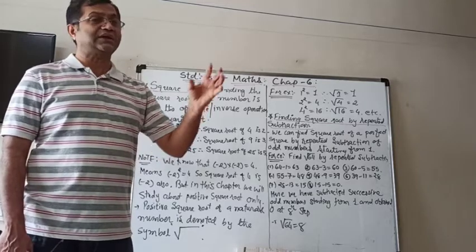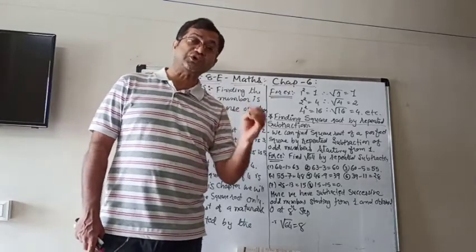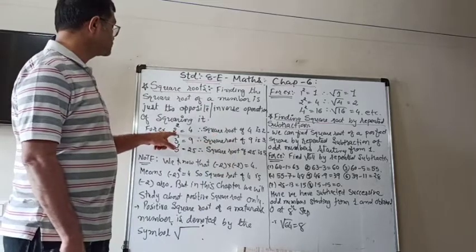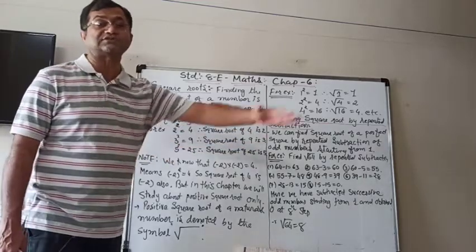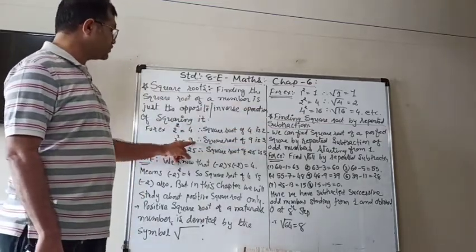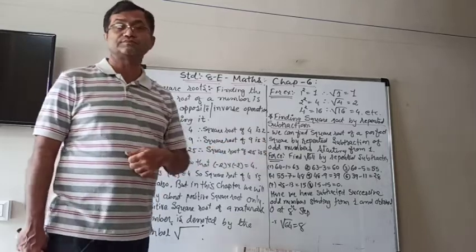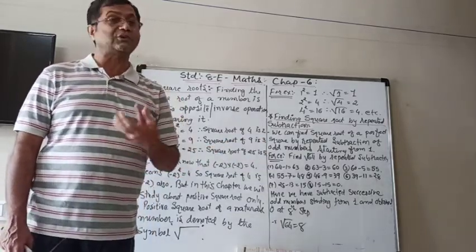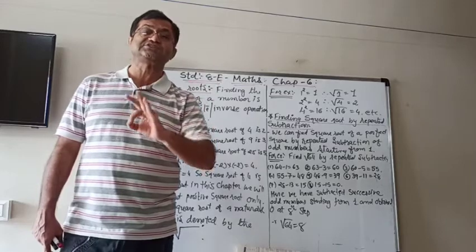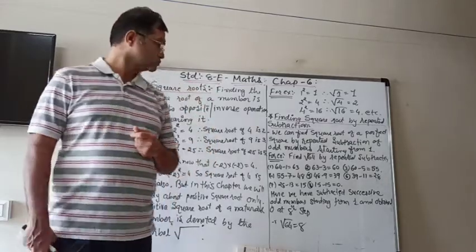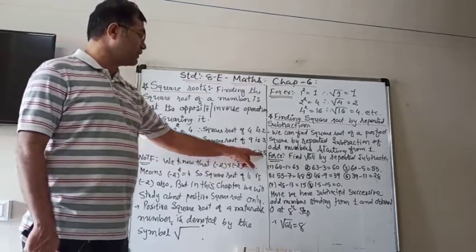We know that 2 square is 4. Reverse, square root of 4 is 2. 3 square is equal to 9, therefore square root of 9 is 3. 4 square is 16, so we can write the reverse: square root of 16 is equal to 4. 5 square is 25, therefore square root of 25 is 5.